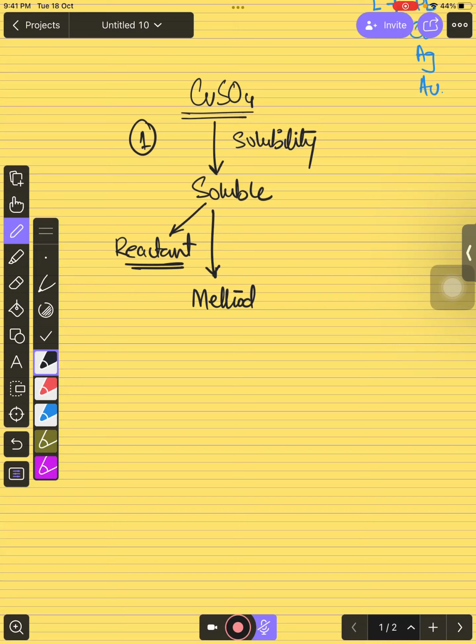So this is a soluble salt. Once the salt is soluble, we know that we can use acid properties. So this is the first thing that you need to remember: once the salt is soluble, acid properties will be used. You can find out the acid that is going to be used here by the name of the salt. Just look over here.